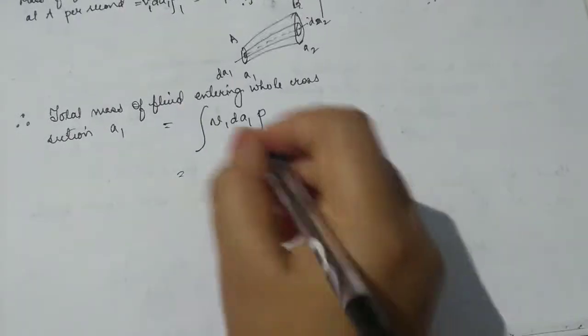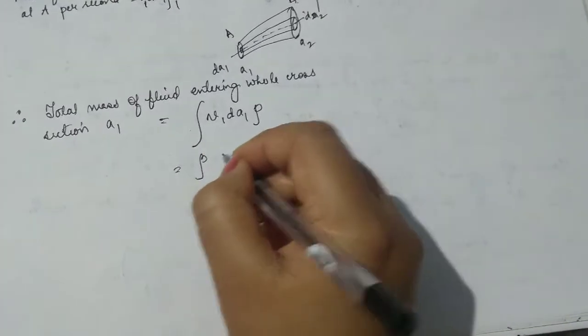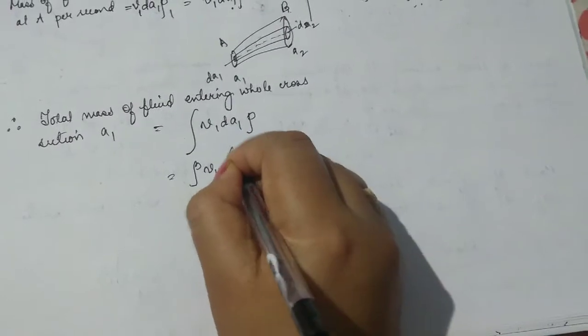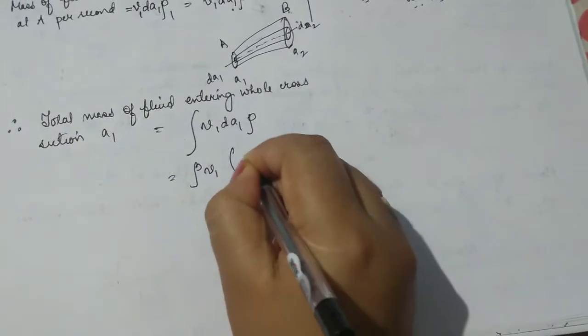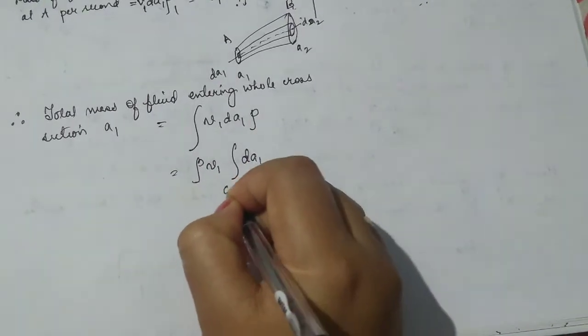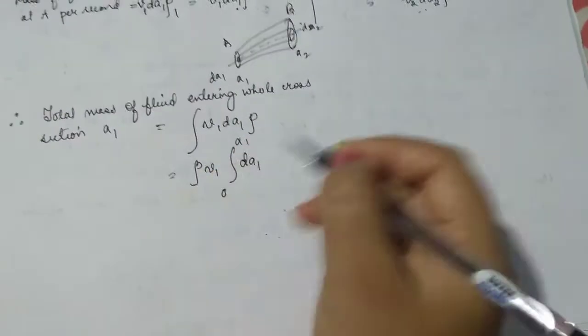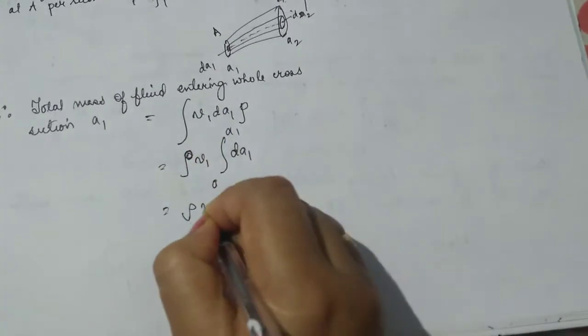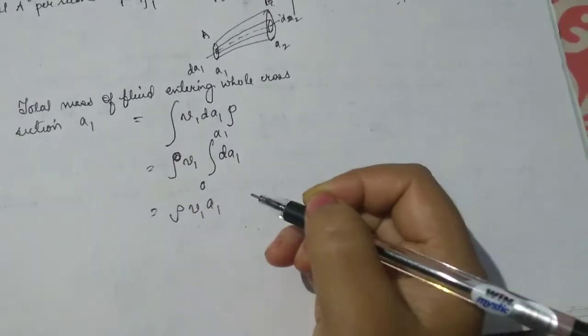Rho is a constant, so it is not going to change, and V1 I am taking out. So it is rho V1 times the integral of dA1 from 0 to A1, which is simply rho V1 A1.